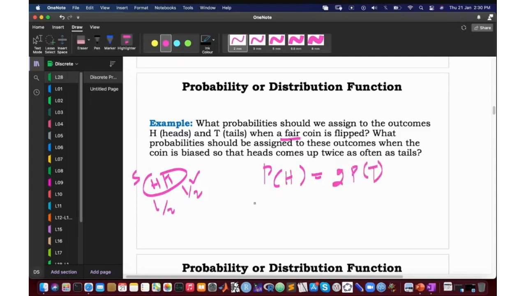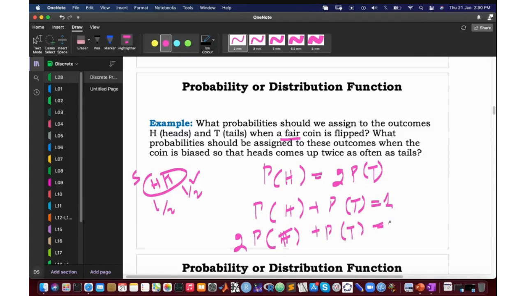Okay, और हमें ये पता है कि the probability of head plus probability of tail is equal to 1. So let us just write it down. Probability of heads plus probability of tails is, sorry, probability of head को मैं यहाँ पे replace कर देता हूँ. So this would be 2 times the probability of tails plus probability of tail is equal to 1.